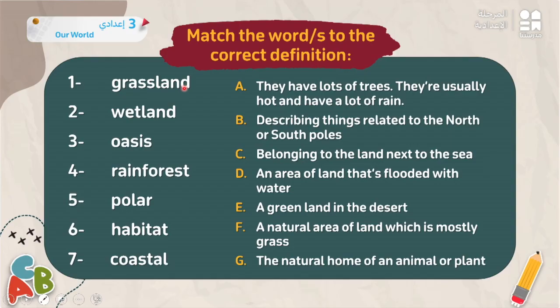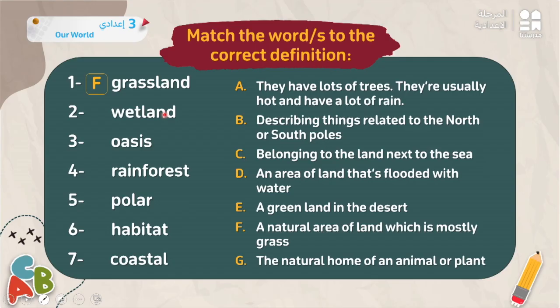Can you guess the definition of grassland? احنا قلنا grassland اللي هي زي مرعى أو بيئة عشبية أو أرض فيها أعشاب. So what is the definition of grassland? It is a natural area of land which is mostly grass. يعني الأرض طبيعية متغطية بالزرع. Grass.